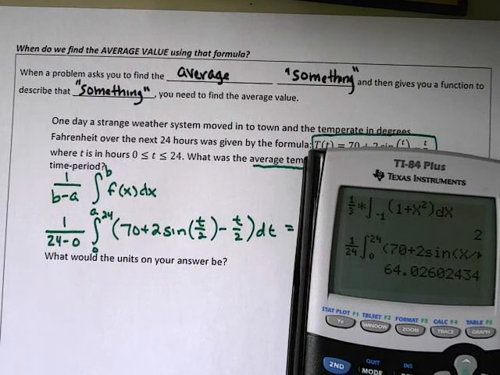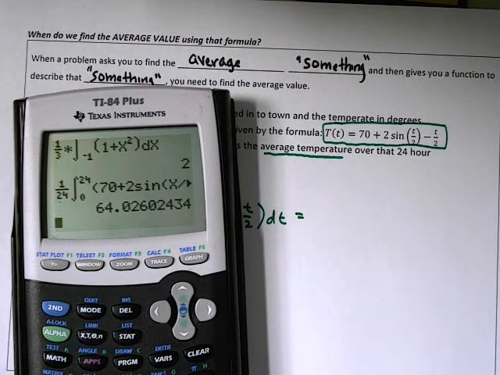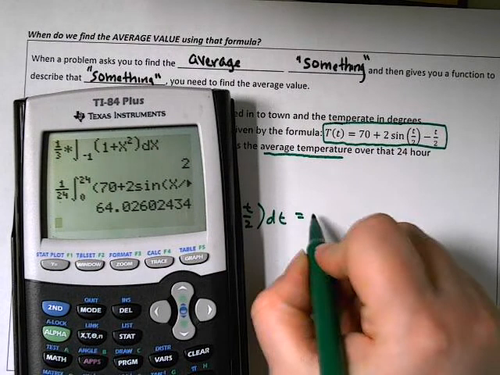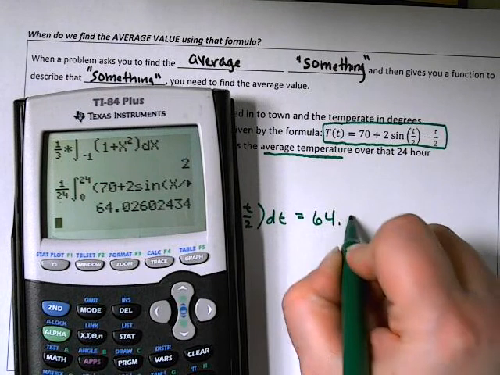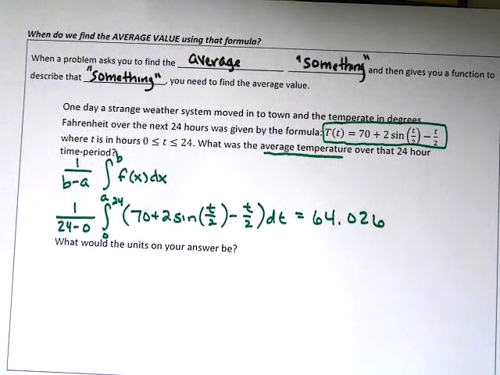Okay, there we go. So we get, remember, anytime we do anything with the AP exam, we're going to want 3 decimal places. So we know that this is going to be 64.026. That's going to be the average temperature over those 24 hours.